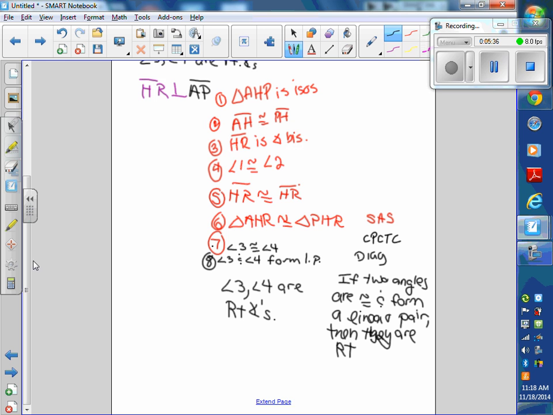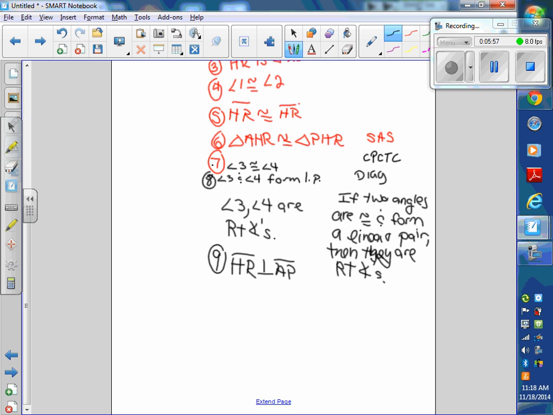So that takes a little bit of writing. But now that I have the right angles, I can say that I have perpendicular lines. HR is perpendicular to AP because perpendicular lines intersect to form right angles. And in this case, that's what we have.